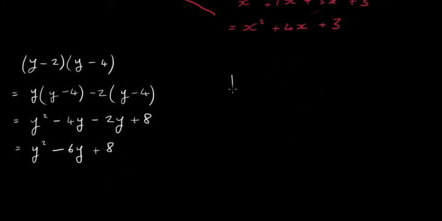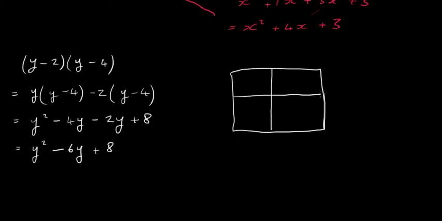So we can also do the area method, of course. Same kind of thing again, we'll divide it into 4, and we've got a y, we've got a minus 2, we have a y, and we have a minus 4. So let's just multiply these. y times y, y squared. y times minus 2, minus 2y, minus 4 times y, minus 4y, minus 4 times minus 2, minus times minus, plus 2 4s 8.